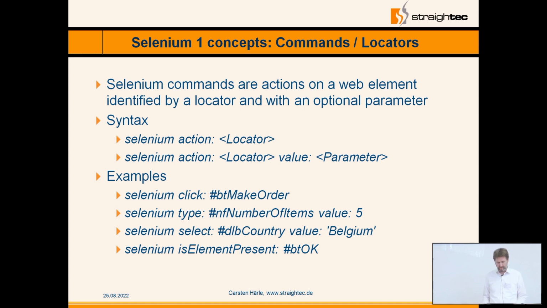This is very simple. For example, you say Selenium click on make order, or Selenium type, this is the ID of the element and value 5, or select country Belgium, or is element present. It looks like a script even to non-programmers, so they can use that.